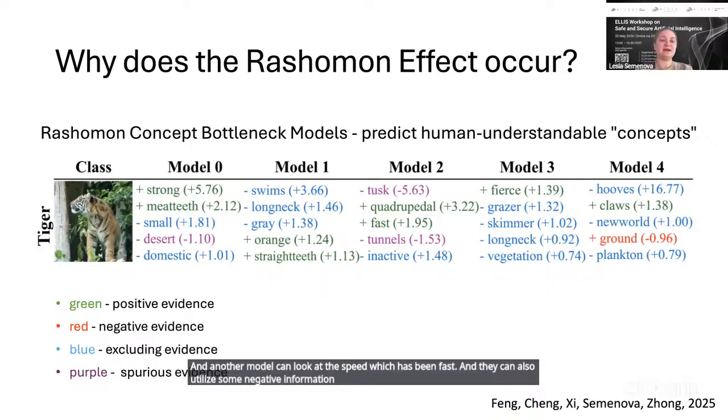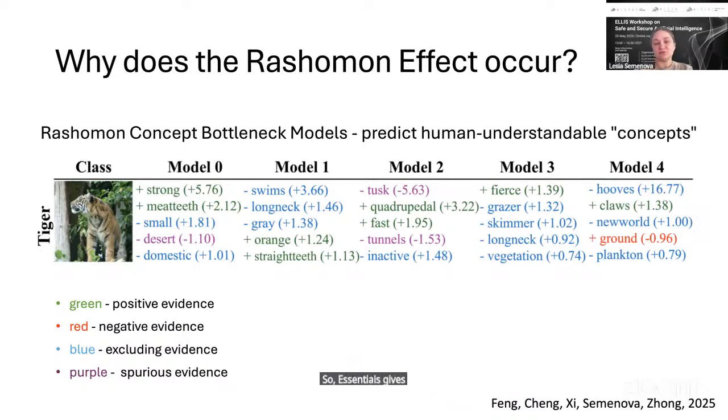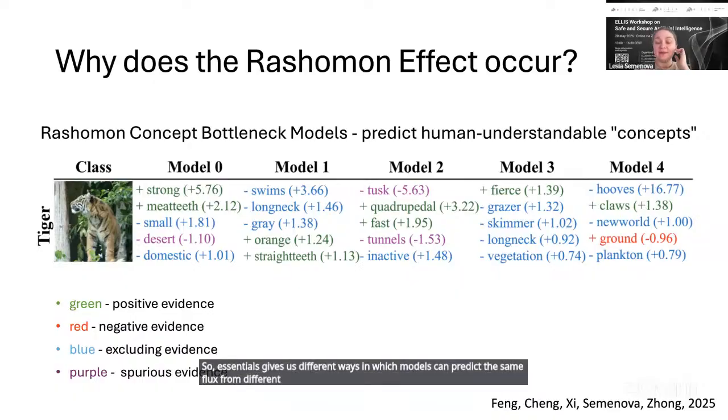Like, for example, tigers do not swim. Well, maybe they do, but at least not for predicting the tiger as it is, or that they don't have a long neck. So essentially, this gives us different ways in which models can predict the same class from different perspectives. And then as domain experts, people who know what properties we want the model to have or not to have, we can select the one that we would like the most to be deployed.